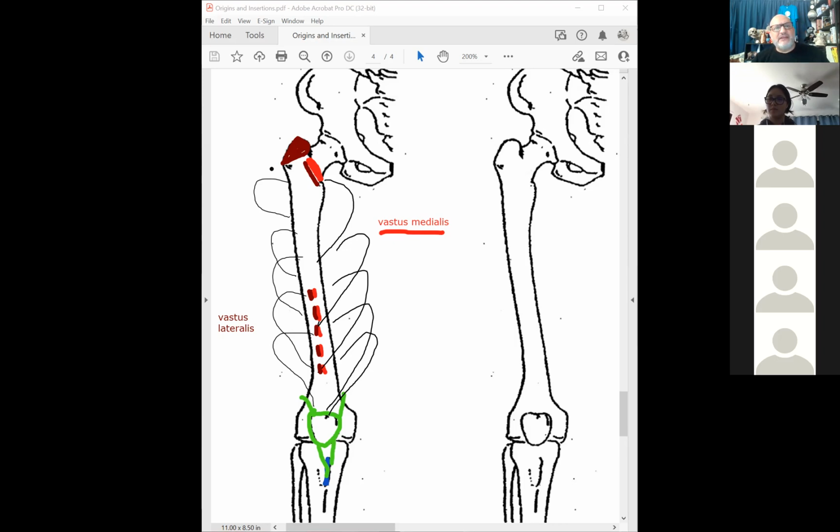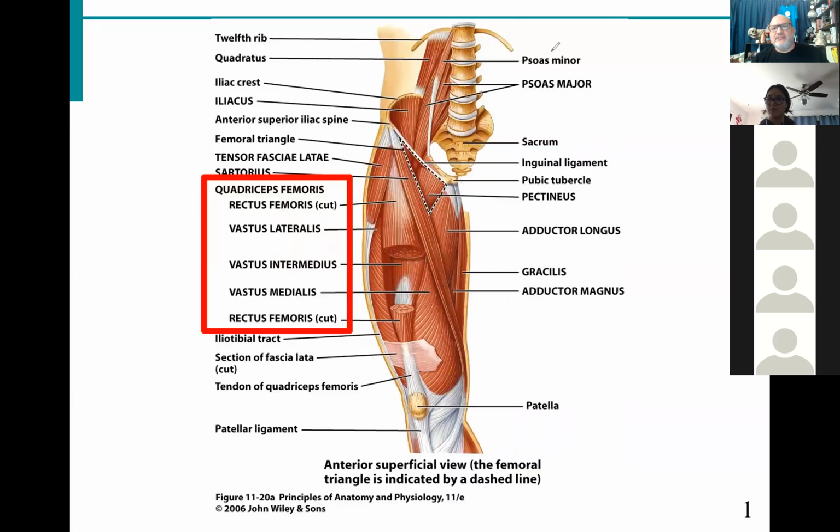Notice we can see this really nicely in a couple ways. Notice here when we look at the illustration, let's make this bigger, those fascicles of the vastus medialis wrapping around the leg, the fascicles of the vastus lateralis wrapping around the leg from the side. Notice our models show this nicely as well.